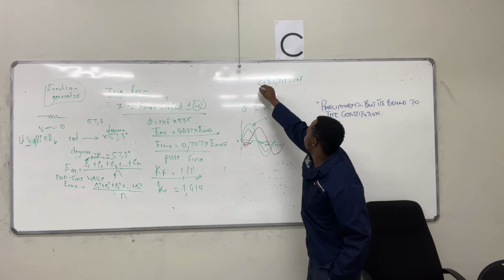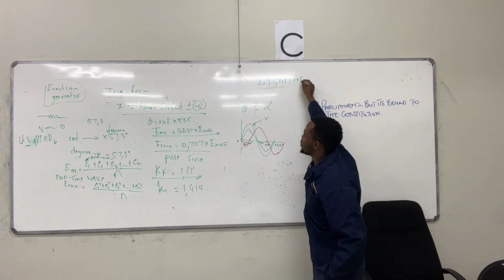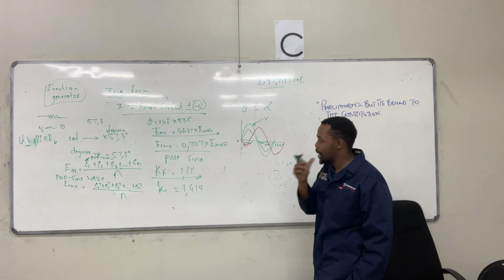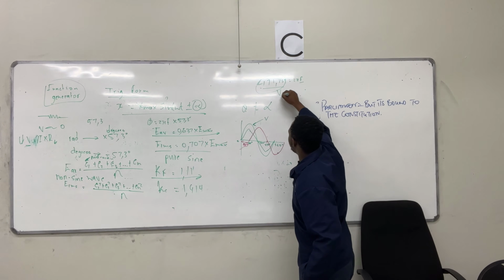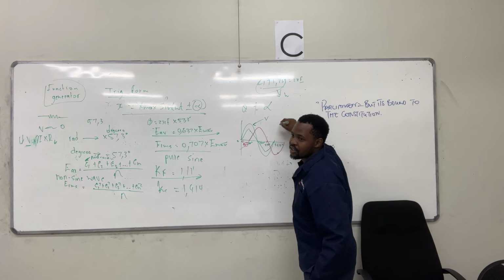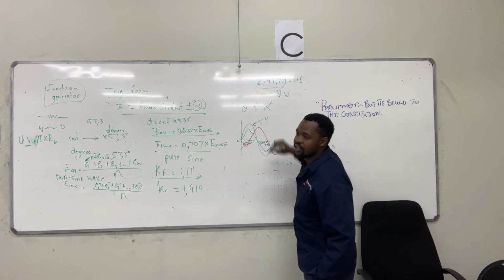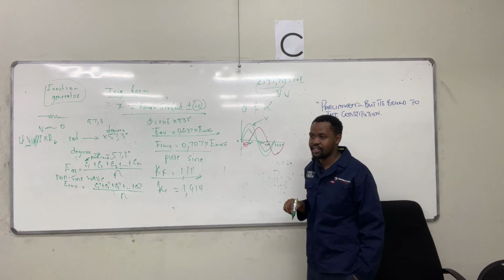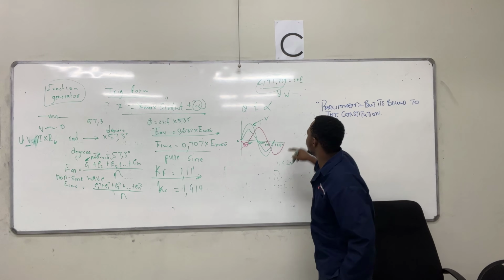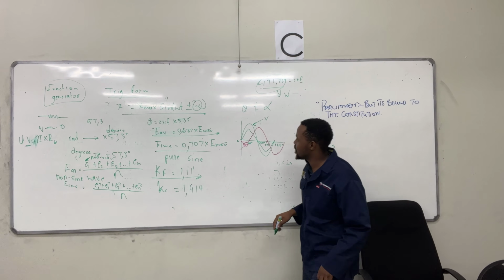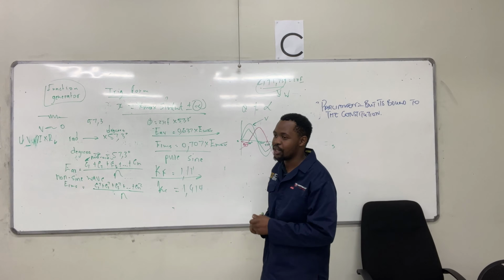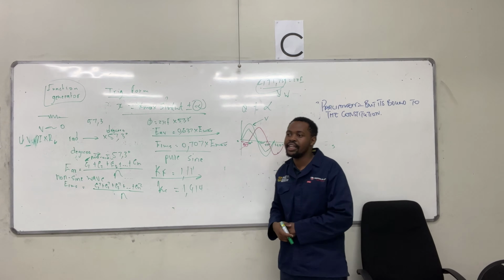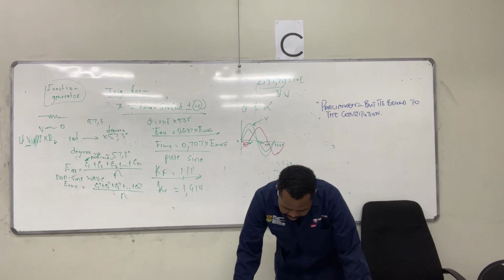So you can use this value to find the frequency. What is this value according to standard form? That is angular velocity. If you look at your standard form, w is angular velocity in radians per second.